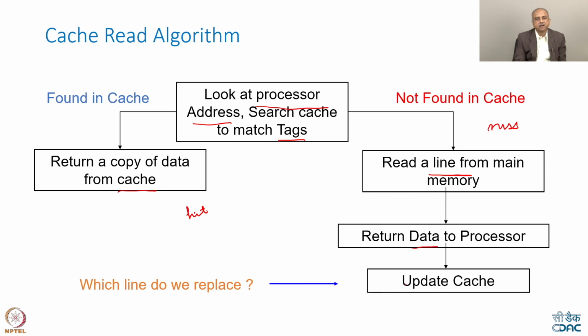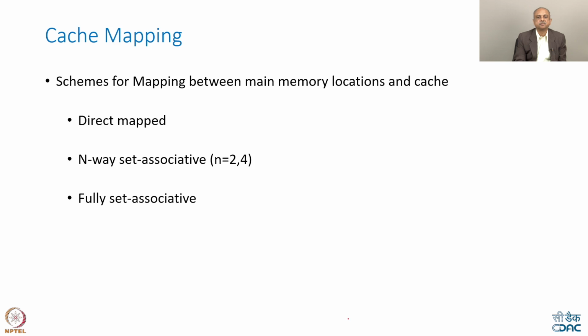Now, there are multiple lines in the cache, as we saw. Where will this data go? In which line will the data go? That question will always come to our mind, and that is answered by the mapping scheme. There are 3 types of mapping schemes. One is called direct map, the other one is called n-way set associative, where n can be 2, 4 or 8 or so on, or there is an extreme of this which is called fully associative.